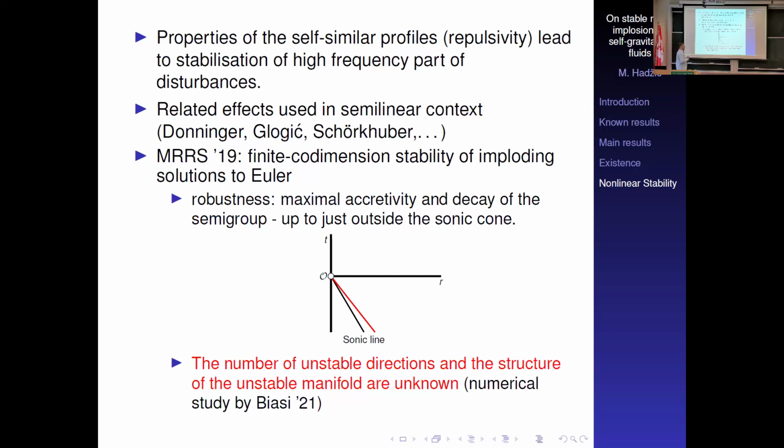In their work in particular, they obtain some sort of semi-group decay, in a region just slightly outside the backward sound cone. You might ask, what is the number of possible unstable directions? That is in principle not known, but there is convincing numerical evidence that the solutions constructed by the four authors are indeed unstable. In fact, this numerical work suggests that it's unstable to shock formation. Okay.